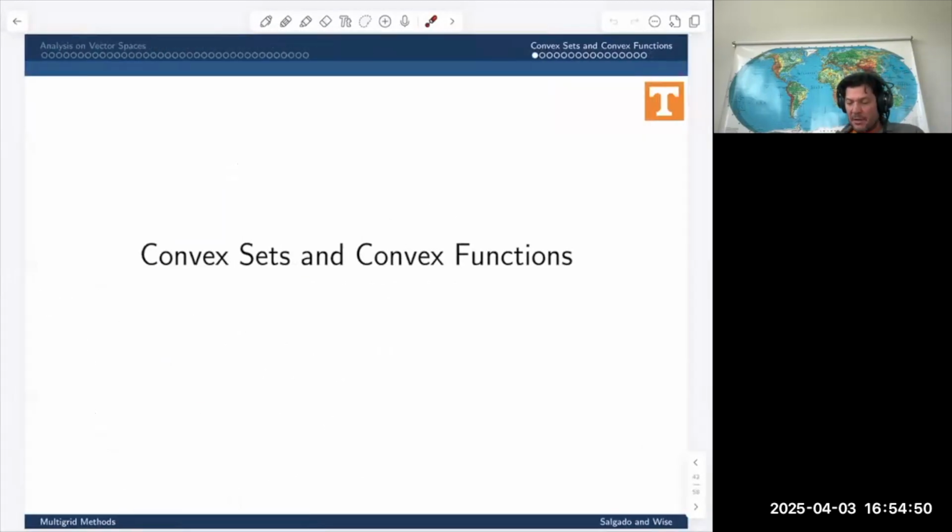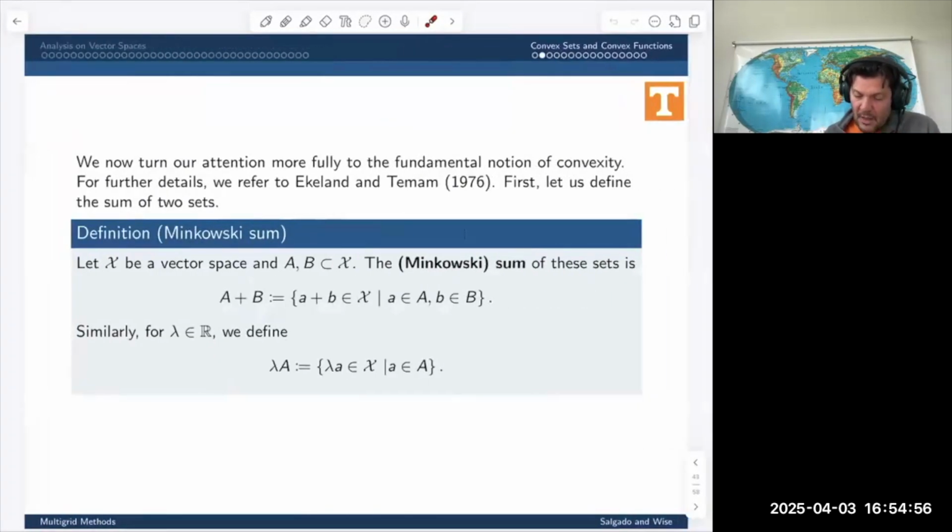All right, so the next topic we want to talk about are convex sets and convex functions. We already talked about what we mean by a convex set. A convex set, let's say in R2, is something which looks like this picture.